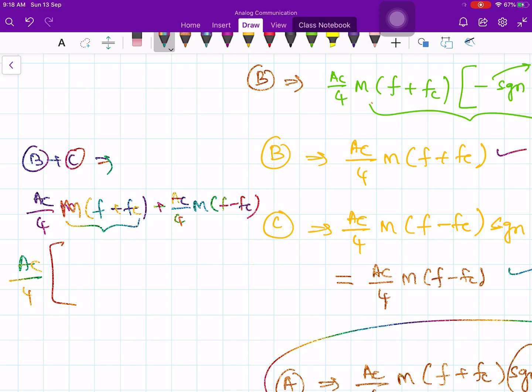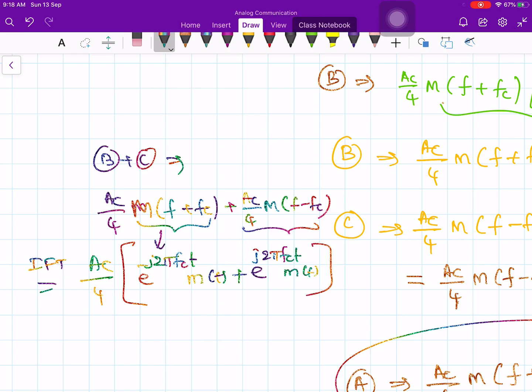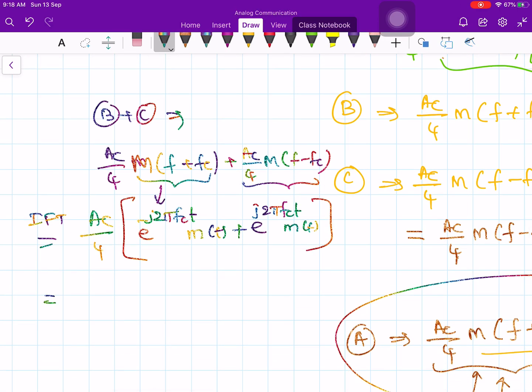M of f plus fc: the frequency shifting theorem from your Fourier transform. If you take the inverse Fourier transform, this becomes e to the minus j 2 pi fct m of t, plus this guy becomes e to the plus j 2 pi fct m of t. Now m of t is common, you can pull it out.